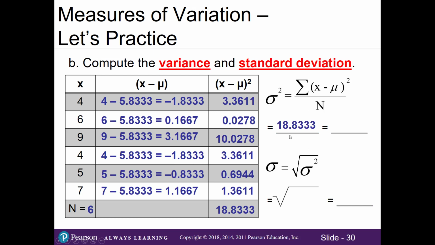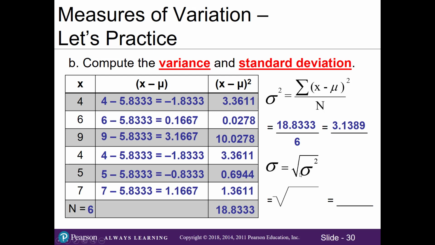So taking 18.8333 divided by 6 gives us a variance of 3.1389. Now we're not done though, because the variance is not in our original unit of measure. So in our story, we were counting how many flights these executives took. This number right here does not represent that unit of measure because we squared it.